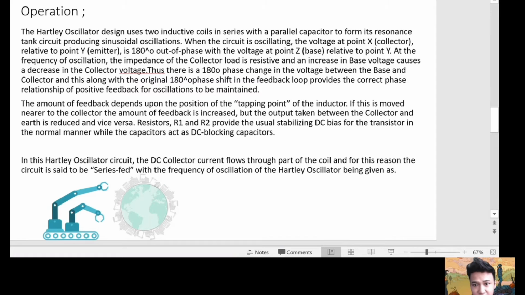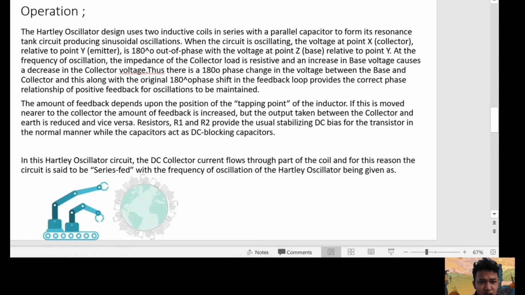When the circuit is oscillating, the voltage at point X, the collector, relative to point Y, the emitter, is 180 degrees out of phase with the voltage at point Z, the base, relative to point Y. At the frequency of oscillation, the impedance of the collector load is resistive.